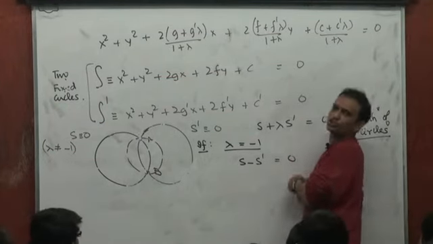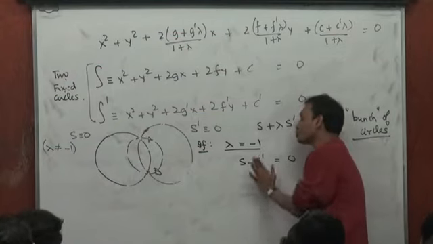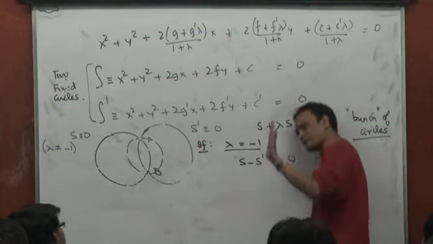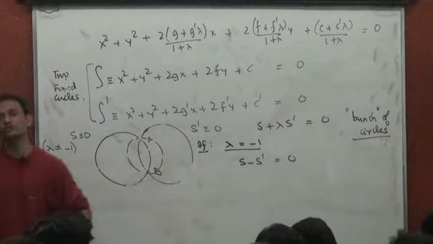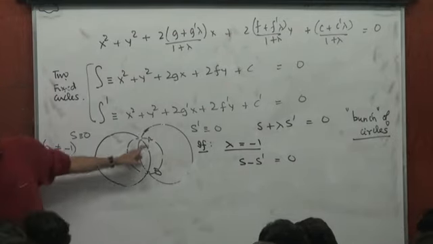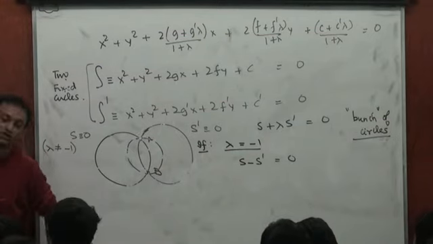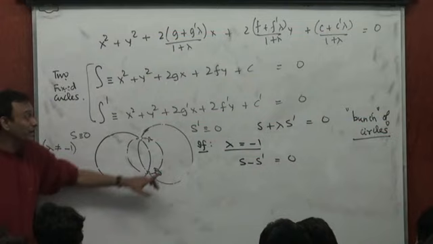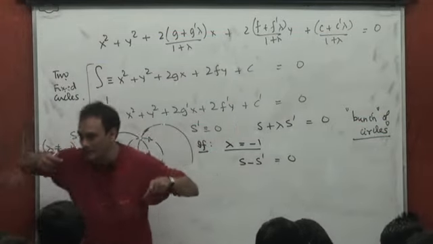So A will lie on this geometric entity. Similarly, B will also lie on it. So whether lambda is -1 or not, S plus lambda S prime equal to 0 will always pass through A and B. When lambda was not -1, it was a circle passing through A and B. But when lambda is -1, it will still pass through the points A and B.